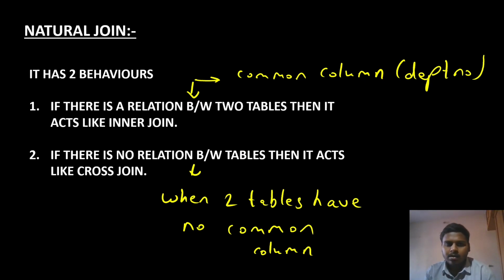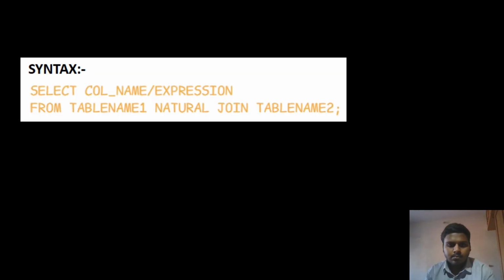In that situation it will act like a cross join. When there is a common column, it will act like an inner join. Only one syntax is there, ANSI syntax. Oracle syntax is not there. Select column or expression from table name 1 natural join table name 2. This is the only syntax.